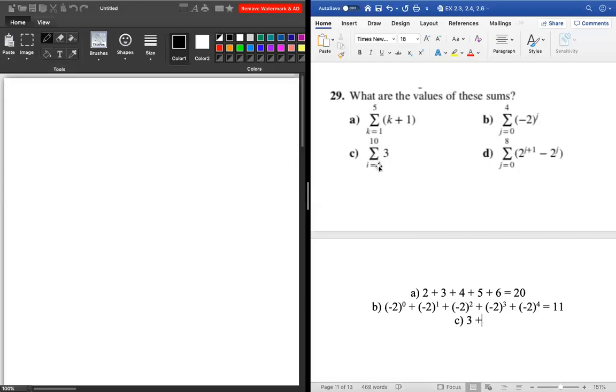When i equals to 2, it still remains 3. When i equals to 3, it remains 3. It remains 3 for when i equals to 4, and we do this up till i equals to 10. So we have basically 10 3s, so this is 10 multiplied by 3, therefore it is 30. We have this 10 because it's looping from 1 up till 10, so we have this 3 10 times, therefore we get the answer 30.